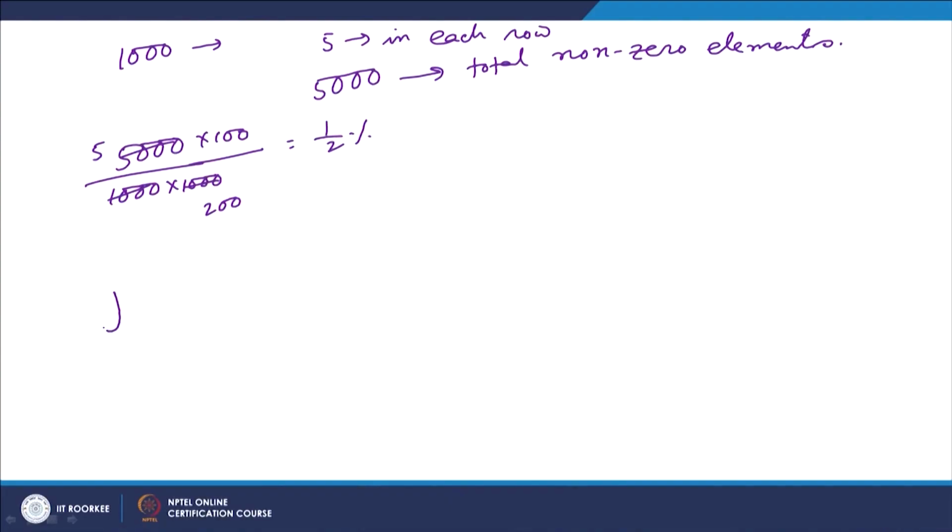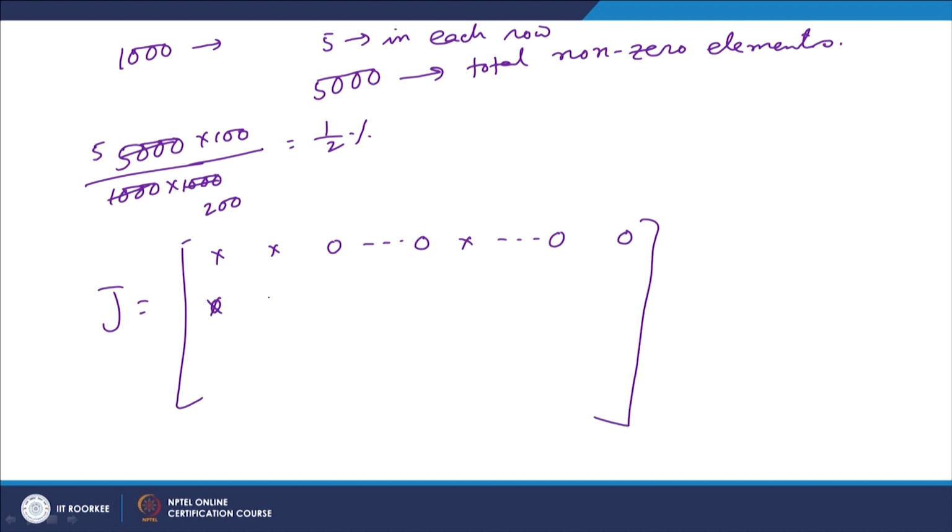The J matrix will have some numerical values which are constant values, and maybe some 0 values. All these values are either 0 or constant values, right. So, it is a constant matrix at any particular iteration.